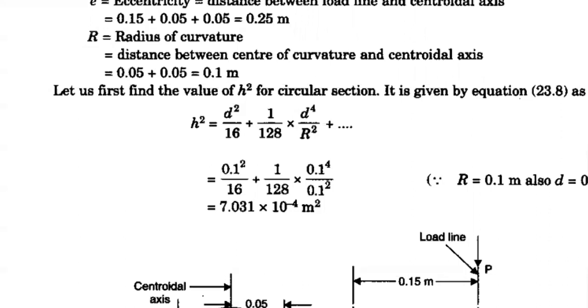So what is the difficulty? Once you are thorough with your standard cross sections, there is no issue of solving this problem. So my sincere request is, please first observe or solve the problems of standard cross sections.